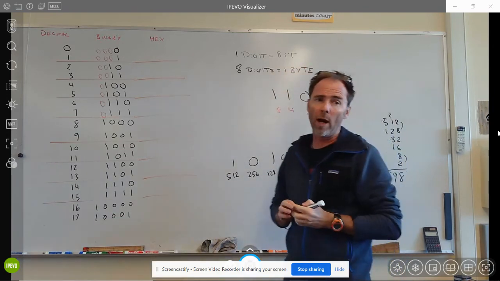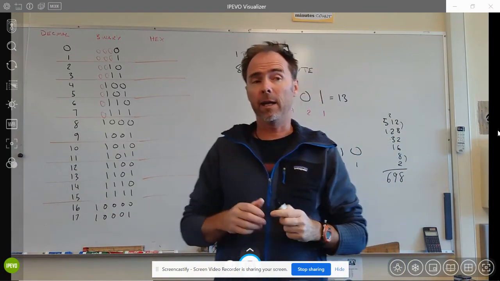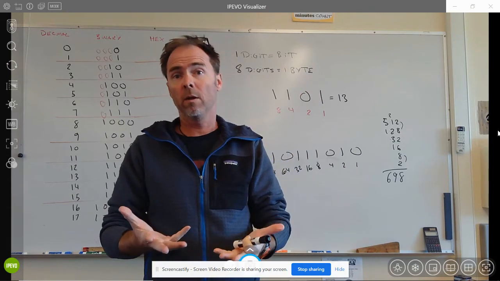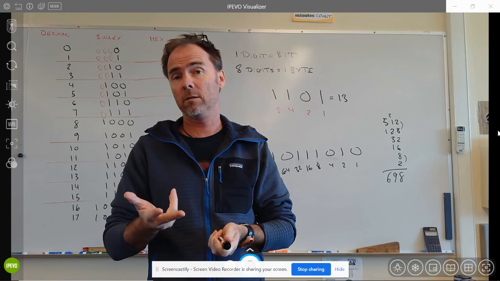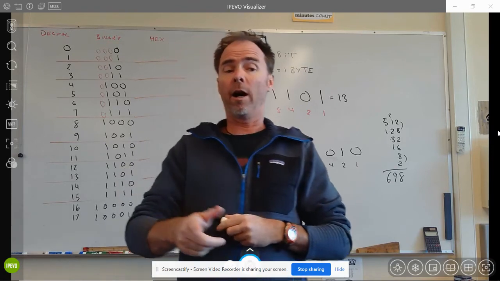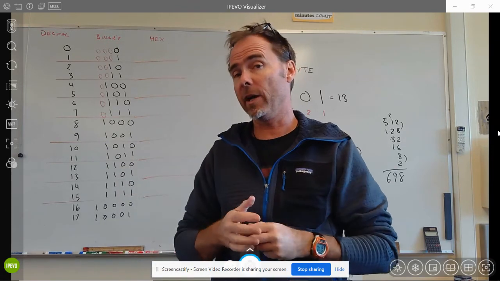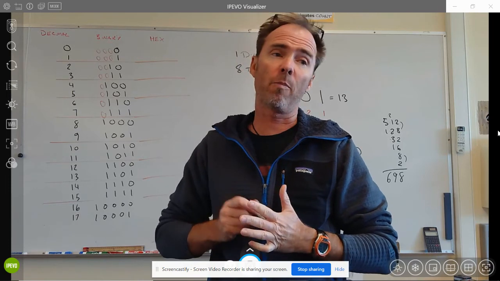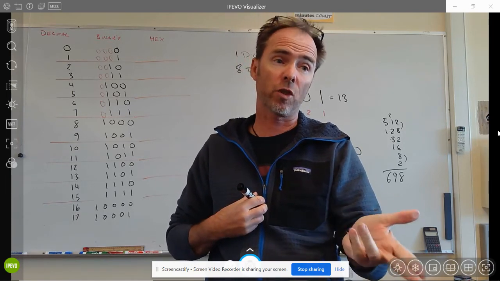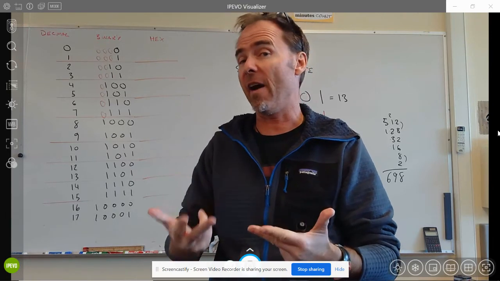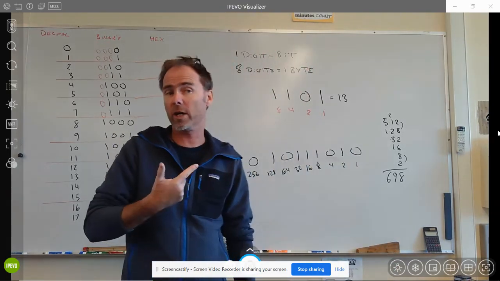Okay, so when we send stuff via computer, we send it in groups of 8 bits, or a byte. And that's because all the characters on my keyboard I can represent with 7 bits, sorry. And then I have an error check. We're going to learn how to do error checking on this.